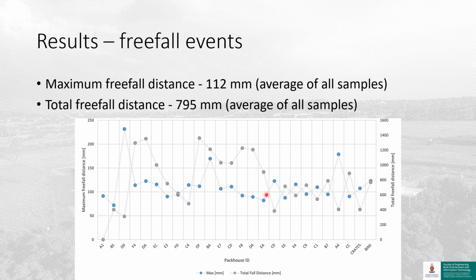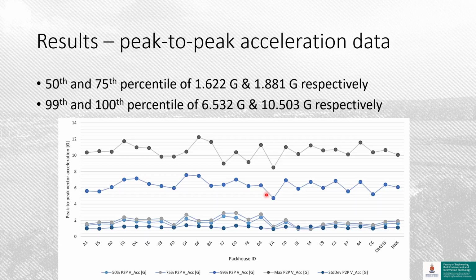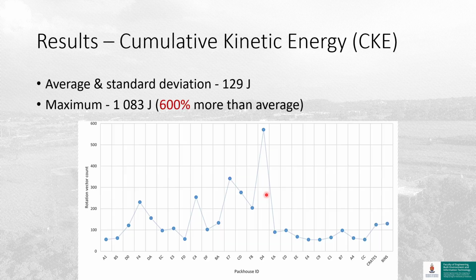The maximum free fall distance, or the average of all the samples thereof, was 112 millimeters, and the total cumulative free fall distance approximately 800 millimeters for a given SMAVO. Peak-to-peak acceleration data, so 50th and 75th percentiles, is about 1.6 to 1.8 Gs. On the more extreme end of the scale, the 99th and 100th percentile peaked at 6.5 G and 10.5 G, so very significant impact events were recorded.